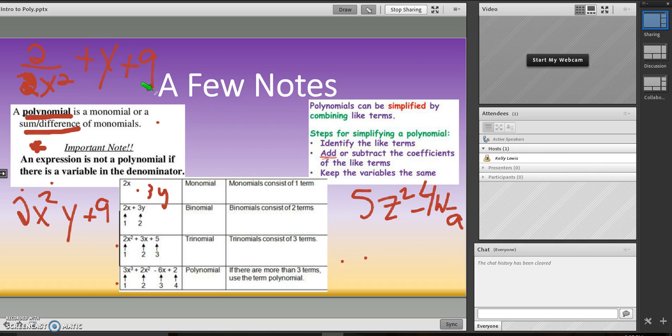That's what this means right here. A variable cannot be in the bottom. You can simplify by combining like terms. You add or subtract the coefficients of the like terms and you keep the variables the same. That's what the rest of this little thing is about.